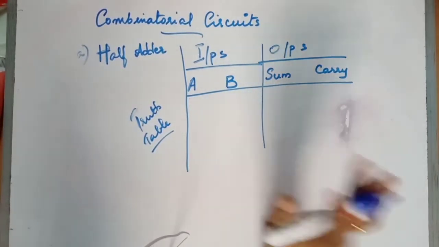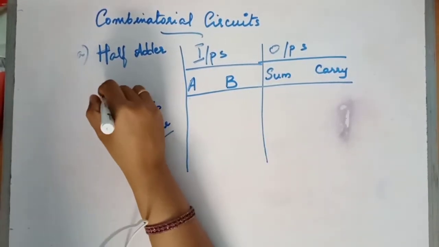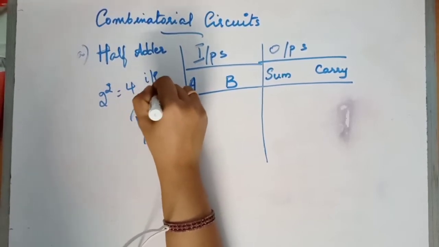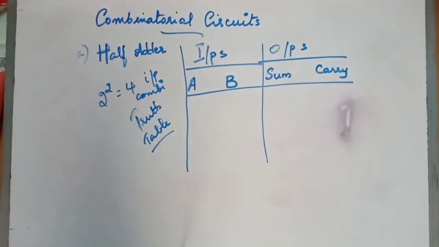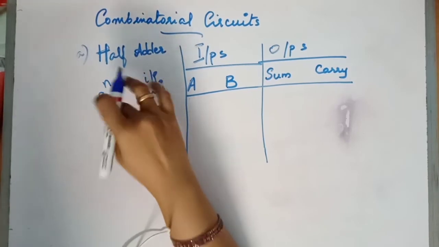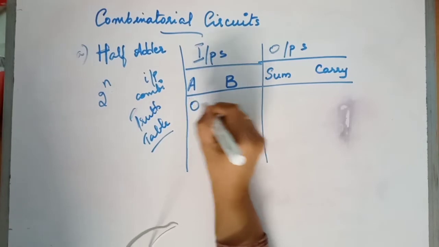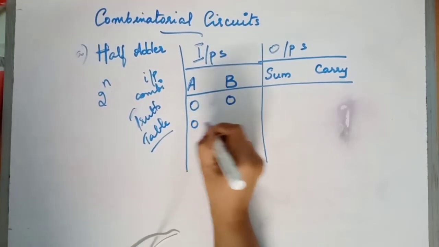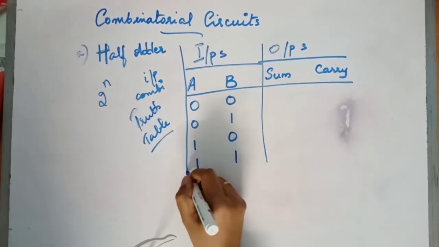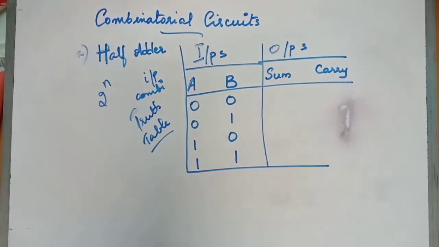In this case you have two inputs, so 2 raised to 2, that is 4 input combinations. If you have n inputs, you have 2 raised to n input combinations. The input combinations are 0 0, 0 1, 1 0 and 1 1. These are all the possible input combinations.